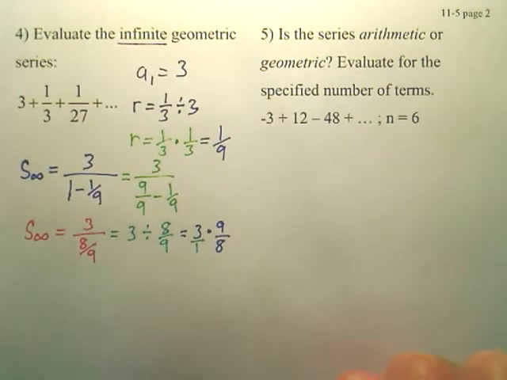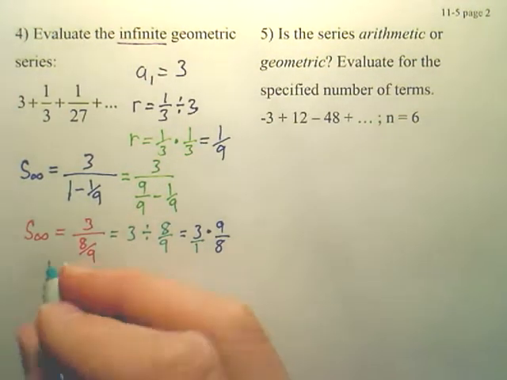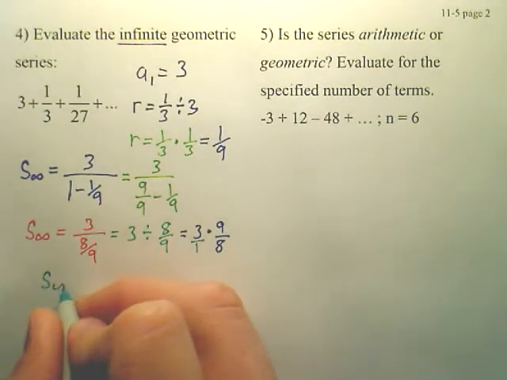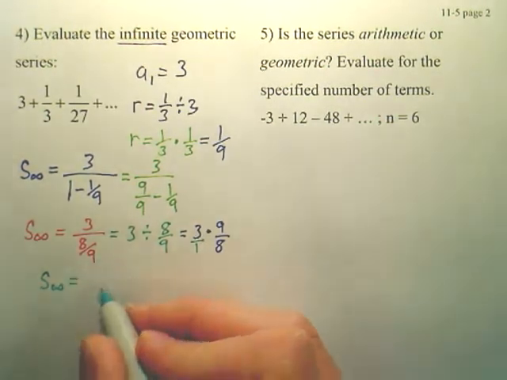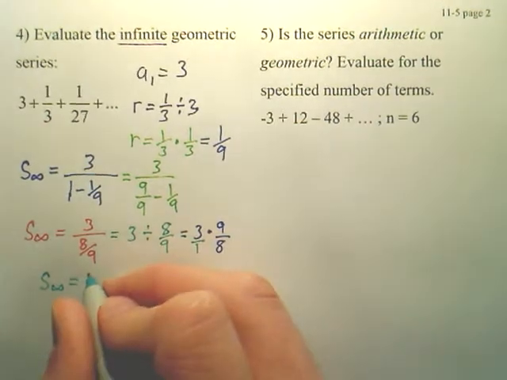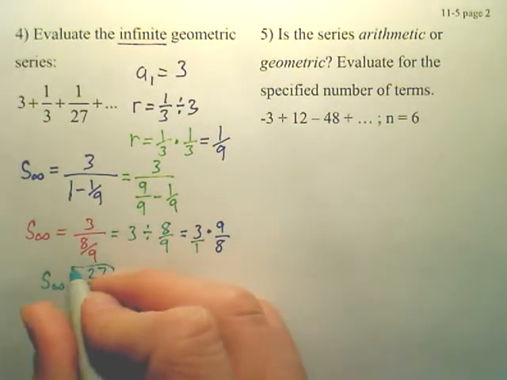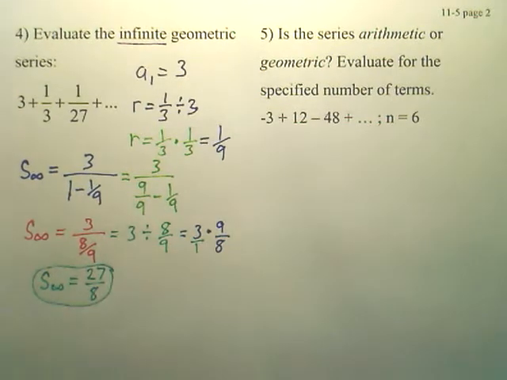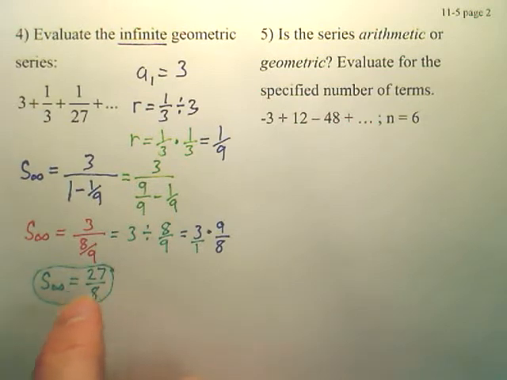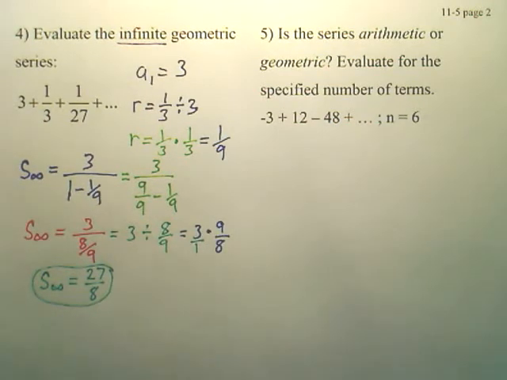Might want to put a 1 underneath that. So the sum of the infinite terms is 3 times 9, which is 27, over 8. Don't worry about making a decimal. There it is. On the test, I think if it is a decimal, you might have to, but on the benchmark, you can leave it like that. So that would be your answer for the sum of the infinite amount of terms.